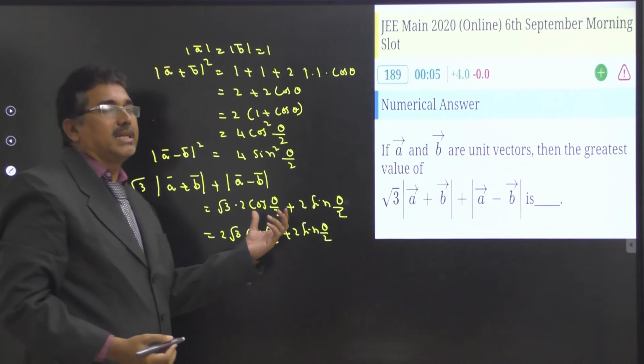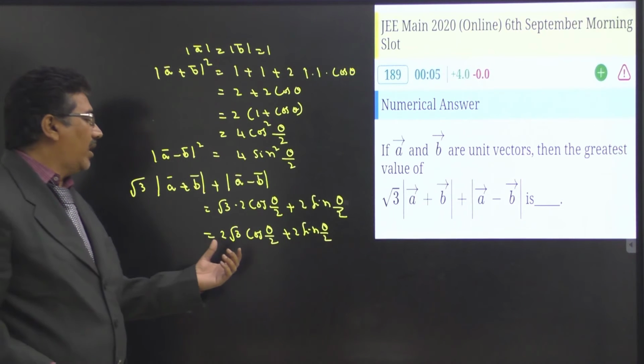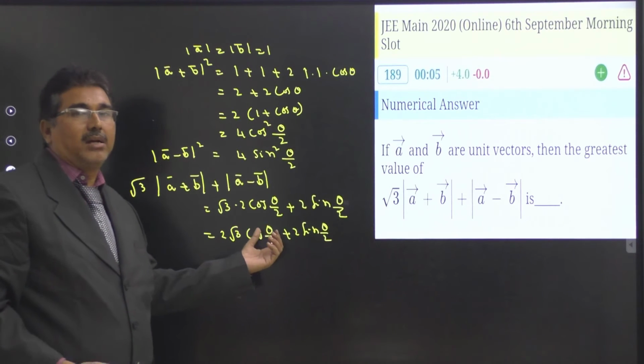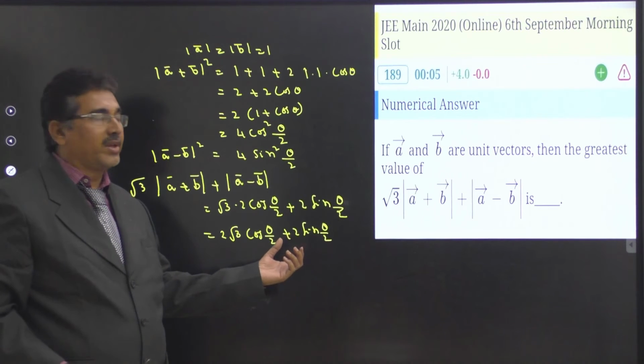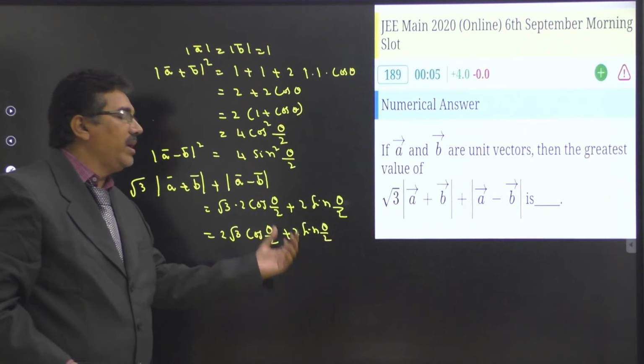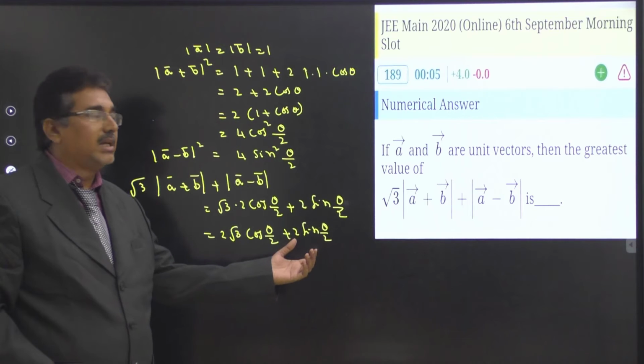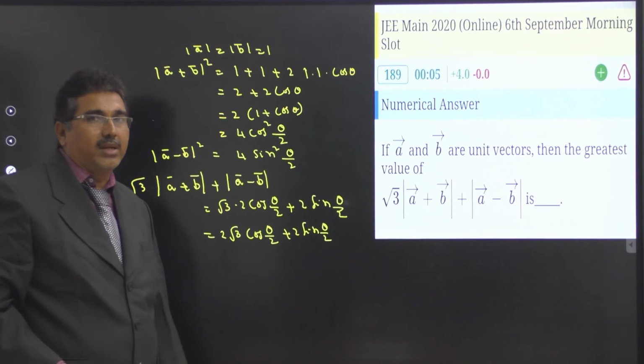Okay, now this expression is of the form a cos theta plus b sin theta plus c, where c is equal to 0.